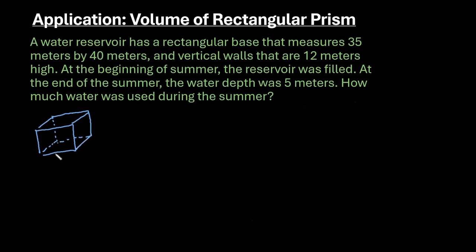All right, so the base of this is 35 meters by 40 meters, and the height of this is 12 meters. So at the beginning of the summer, the reservoir was filled. At the end of the summer, the water depth was 5 meters. So at the end, we are up to 5 meters.